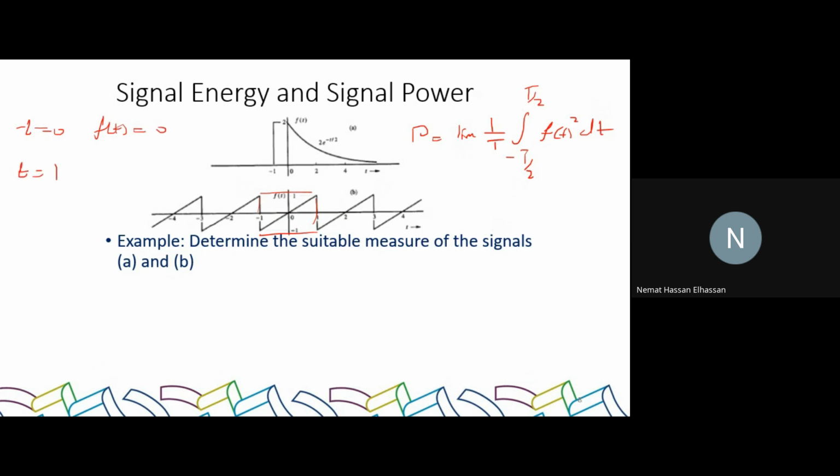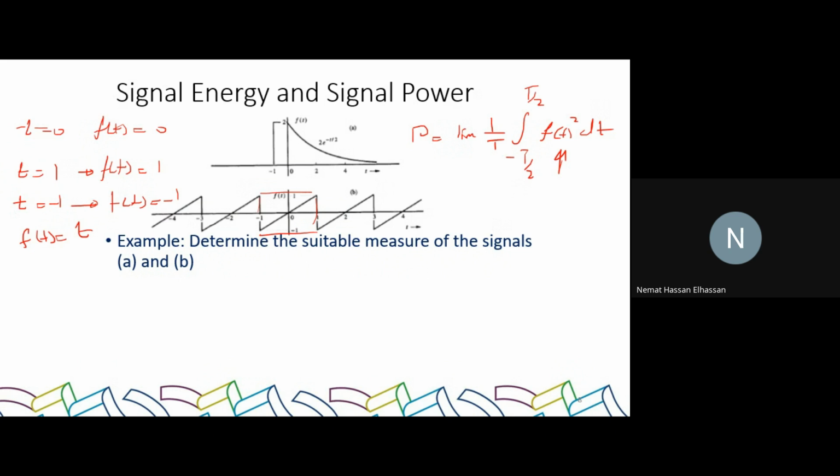When t was 1, f of t was 1. When t was negative 1, f of t was negative 1. So f of t is equal to t, right? Whatever the value of t is, it is the value of the function. It's a line with a slope of 1. So f of t is equal to t.